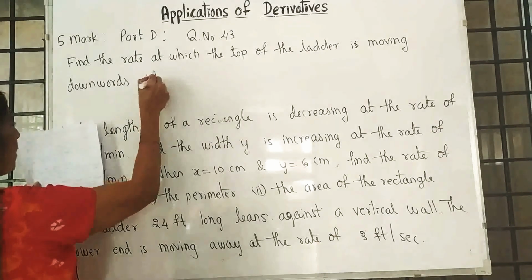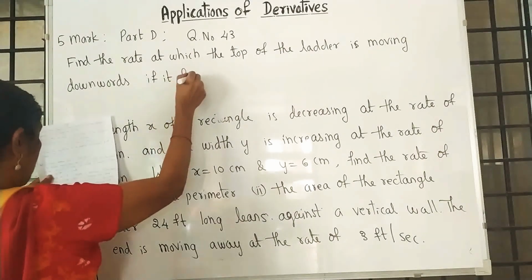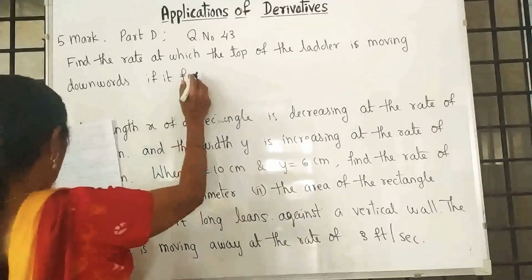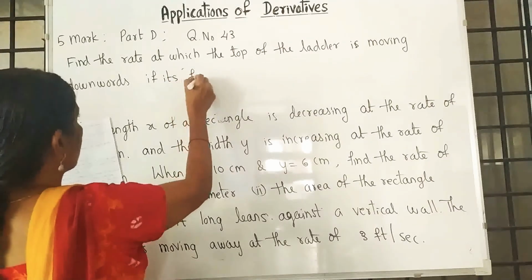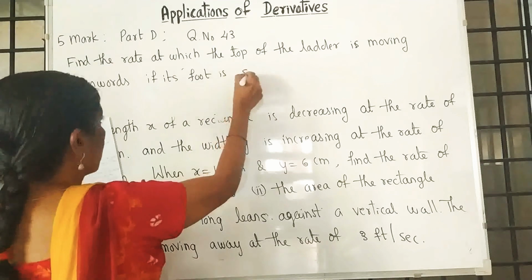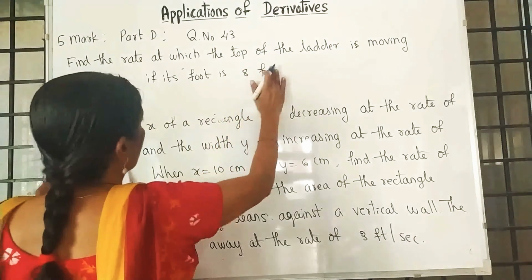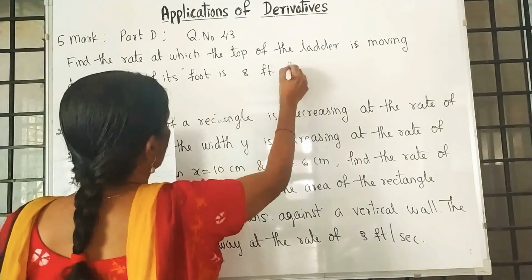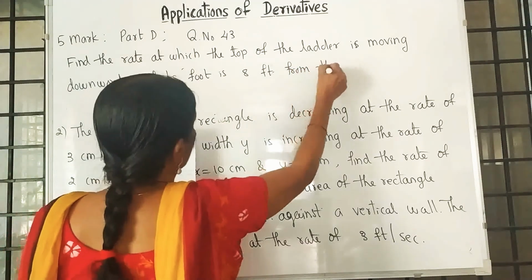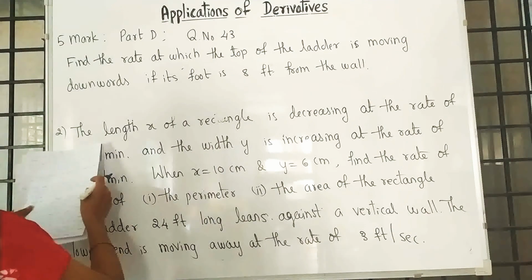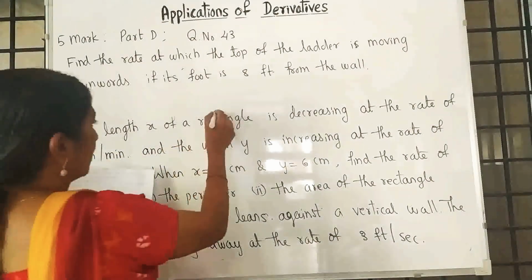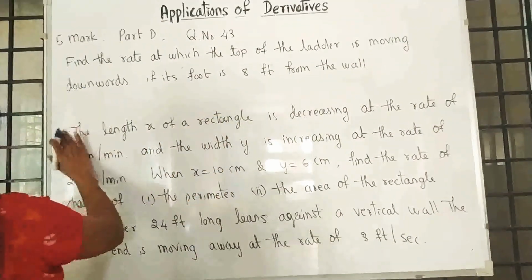if its foot is 8 feet from the wall. Next question. Question number 4.